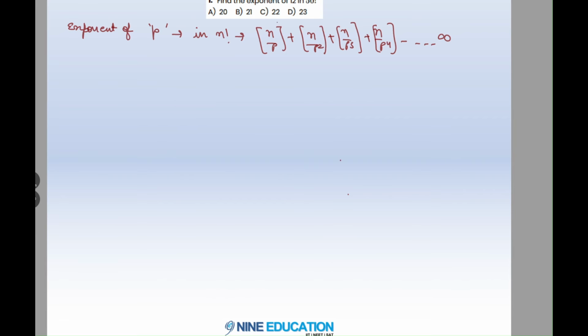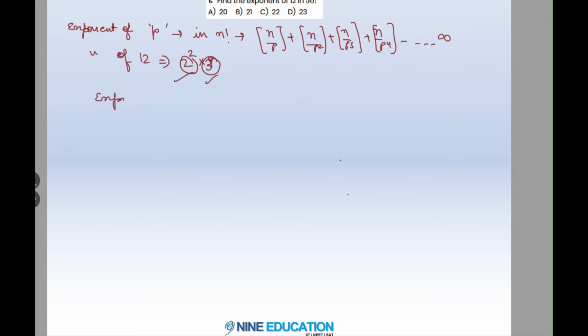Now what we need is the exponent of 12, which is equal to 2 power 2 into 3. So the primes are 2 and 3. You need to find the power of 2 and 3, and then we can combine them to form 12.